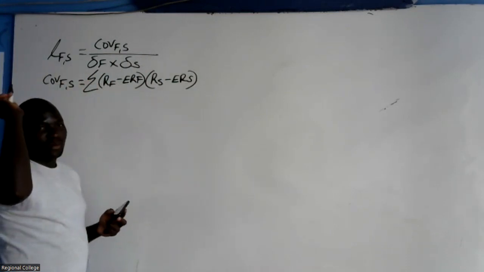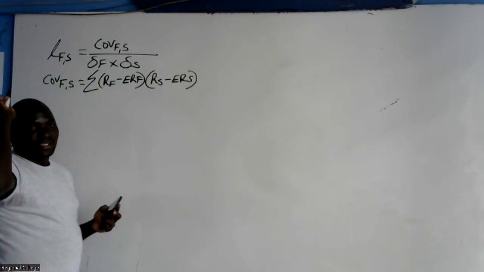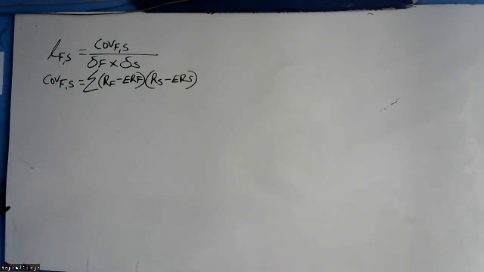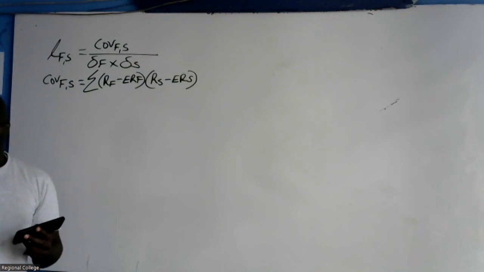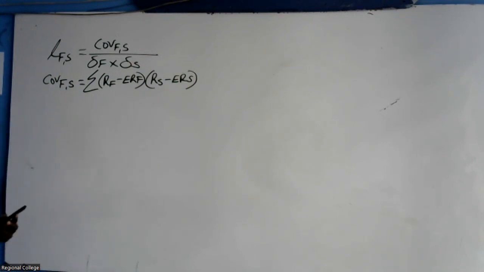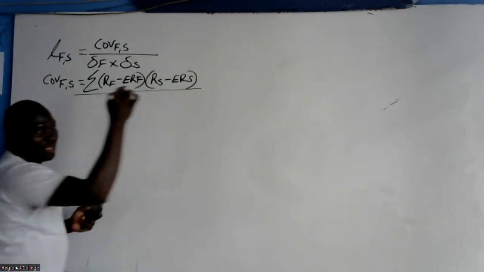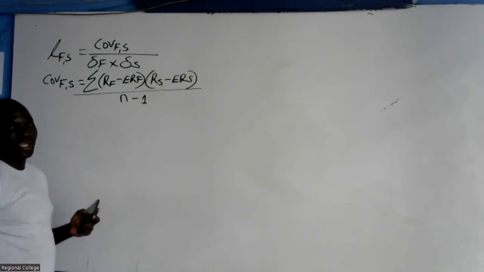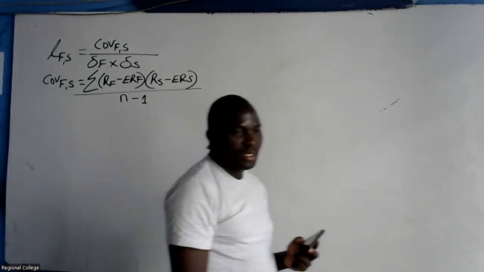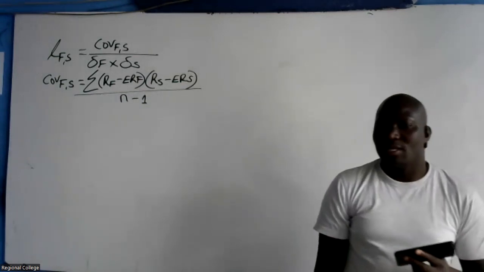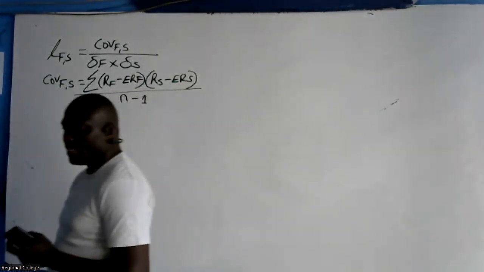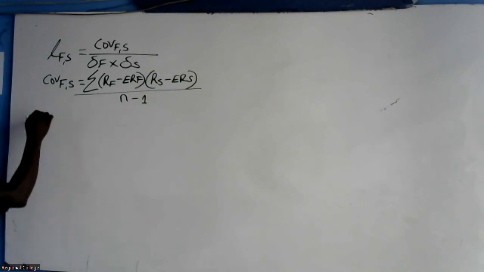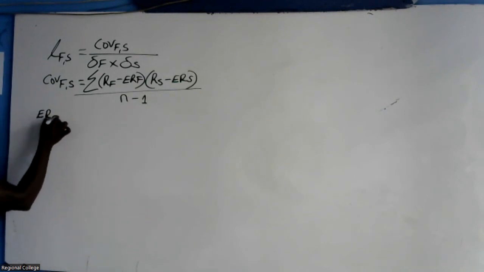There's no probability this time round. In absence of probabilities, you divide by n minus 1. And how do we get expected returns of F?